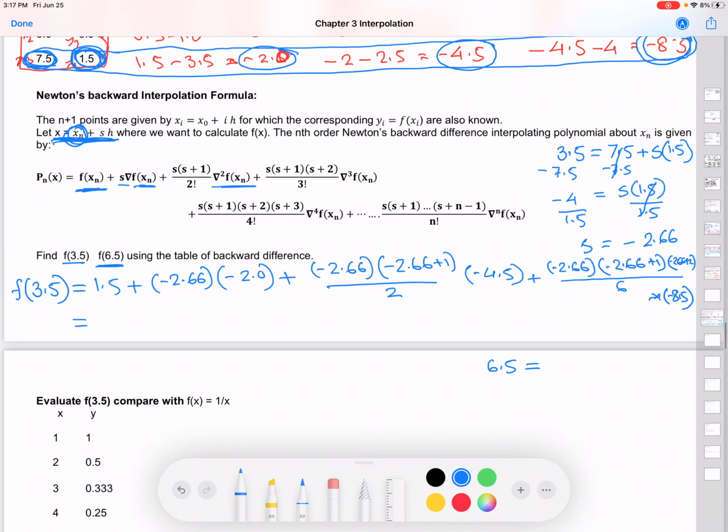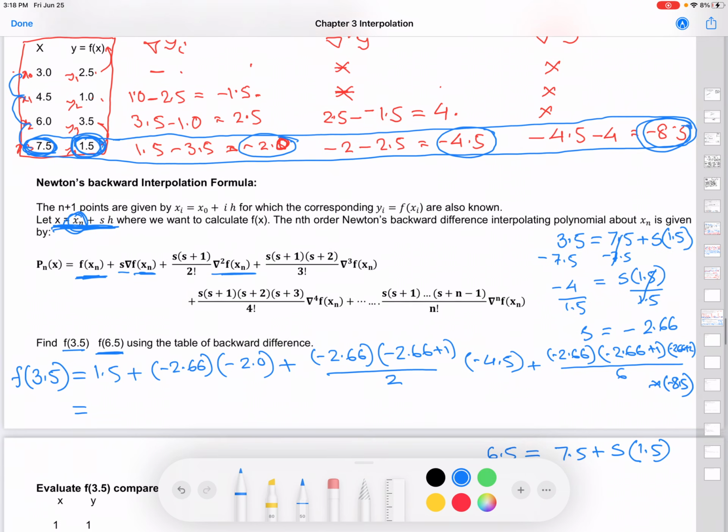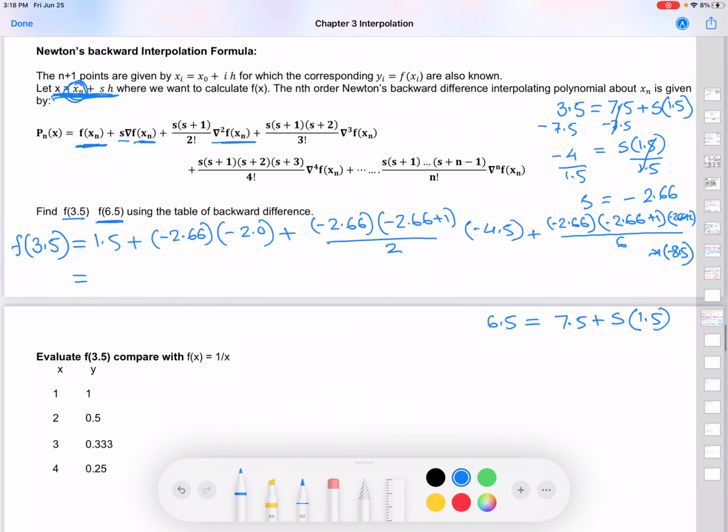Your xn is 7.5 plus s times h, and h is fixed at 1.5. What is h? h is the difference between 3.0 and 4.5, 4.5 and 6, 6 and 7.5. For forward difference and backward difference, this h is always fixed.